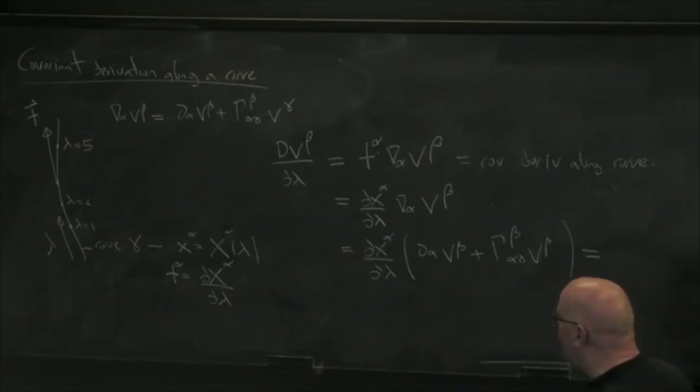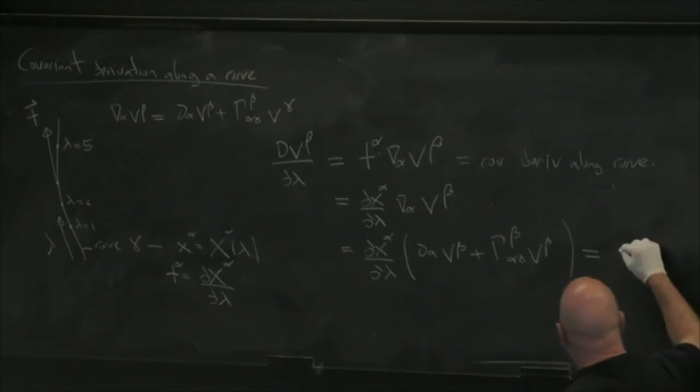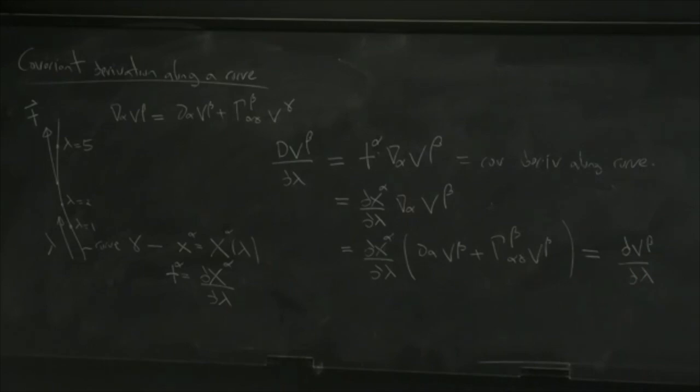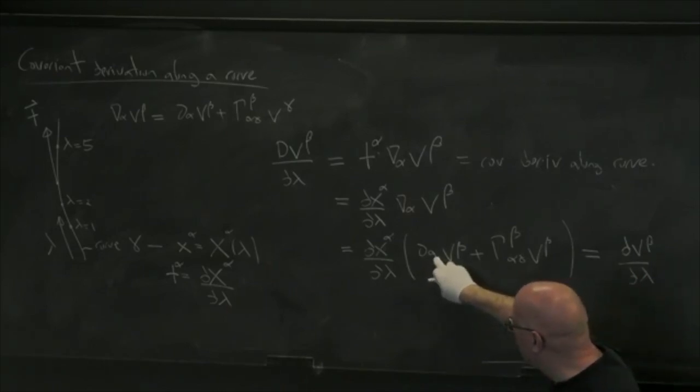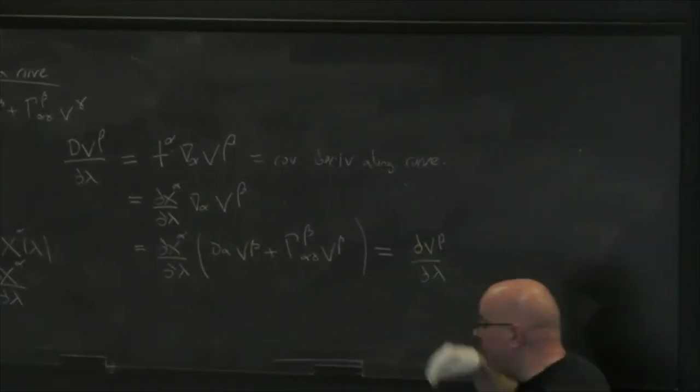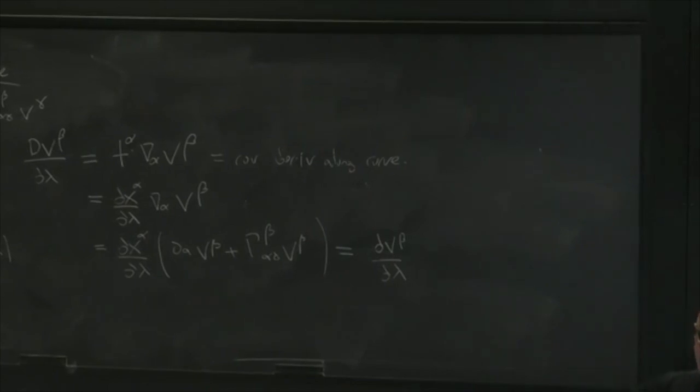And if we were working in ordinary vector calculus, that would be recognized as the ordinary derivative of the vector field with respect to the parameter lambda. So that projection that we do here at the level of the partial derivative is basically the same thing we did up here, but that defines the total derivative of the components v beta in the direction of lambda.